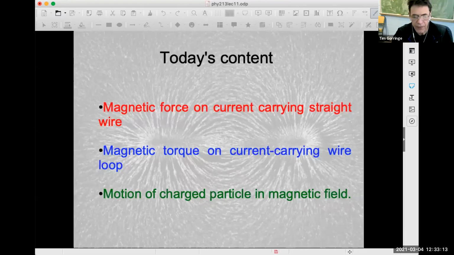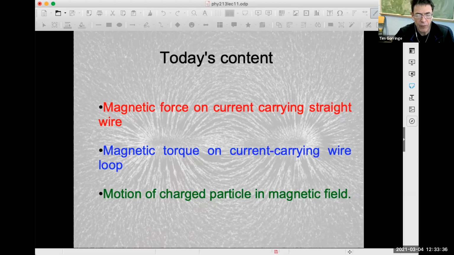Okay, so specifically, I want to talk about the magnetic force on a current-carrying straight wire. That's a very famous problem in electricity and magnetism. I want to talk about the magnetic torque on a current-carrying wire loop.